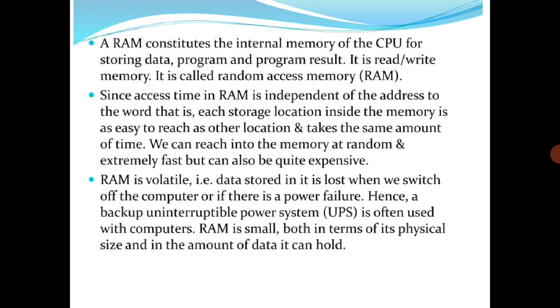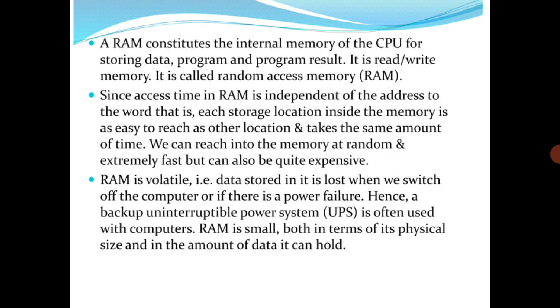RAM, that is random access memory, is volatile. The meaning of volatile is that the data stored is lost when we switch off the computer or the device, or in case of any power failure the data will be lost. Hence a backup, that is UPS, uninterruptible power supply, is used.